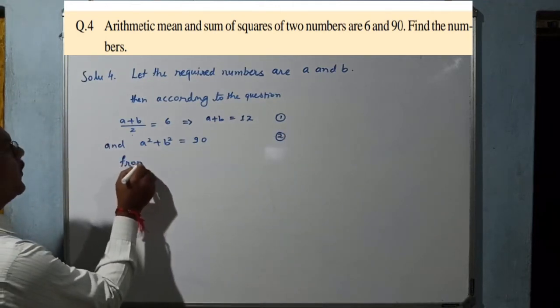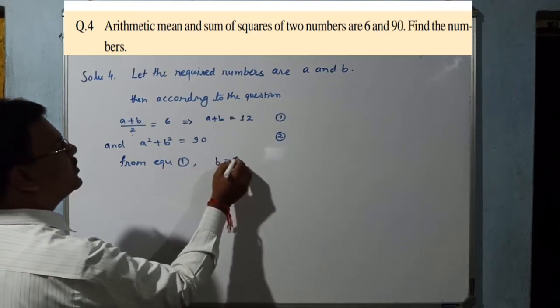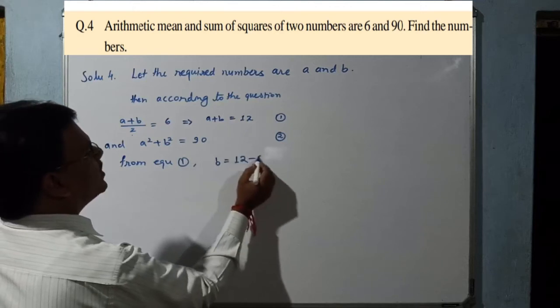From equation 1, b is equal to 12 minus a.